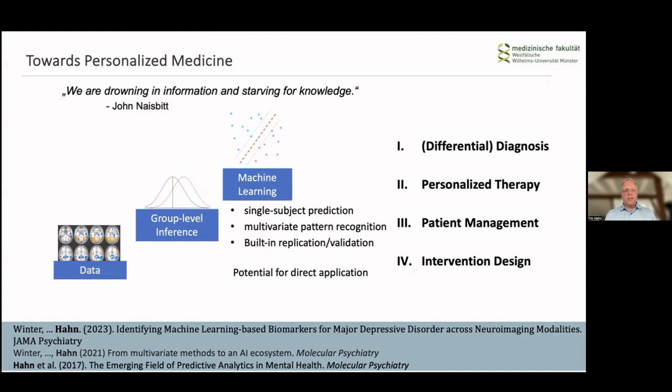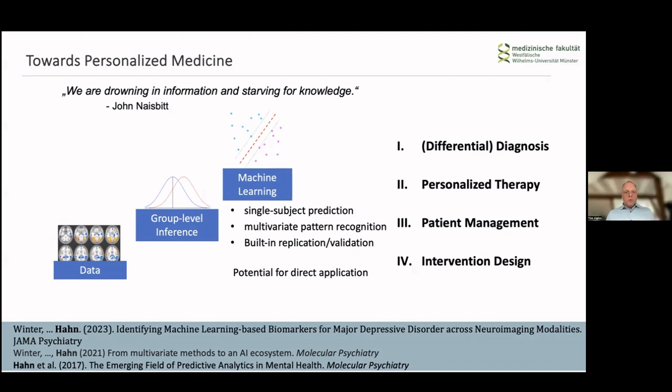Also, one of the things that pertain to the replication crisis in particular is that the approach machine learning takes to training and testing models has a built-in replication and validation scheme. At the very least, any machine learning approach will have a training and a test set. It might have a cross-validation where we draw a number of times the training and a test set.